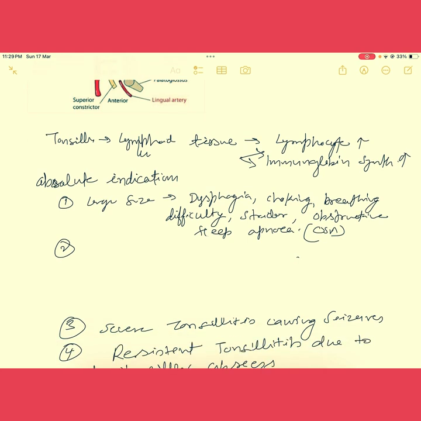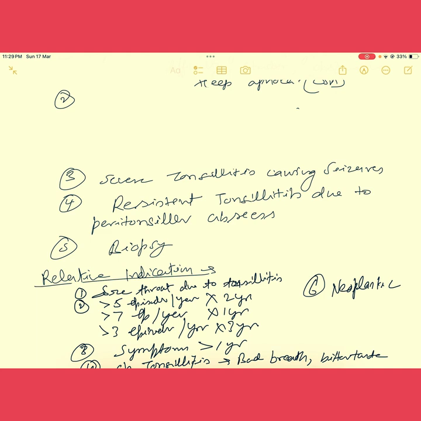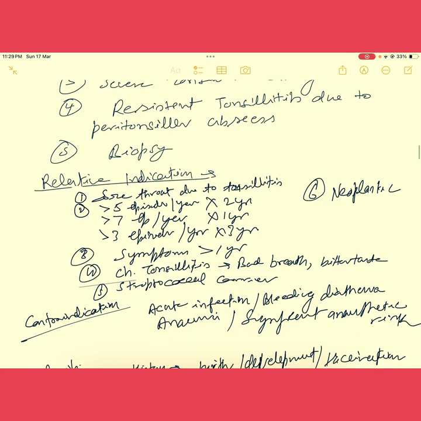Absolute indications of tonsillectomy are when the tonsil is of very large size, causing dysphagia, choking, breathing difficulty, stridor, obstructive sleep apnea, and severe tonsillitis causing seizures, resistant tonsillitis due to peritonsillar abscess resistant to antibiotics, and biopsy needed for confirmation of neoplastic etiology.